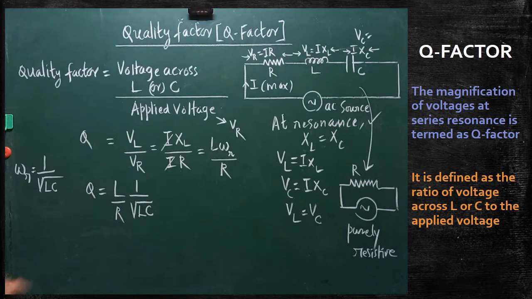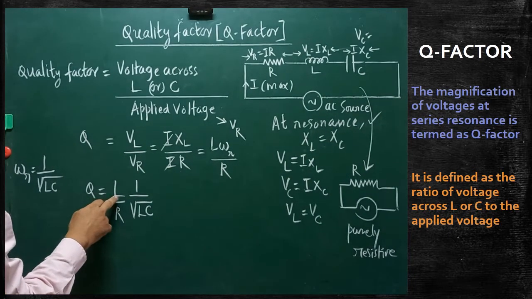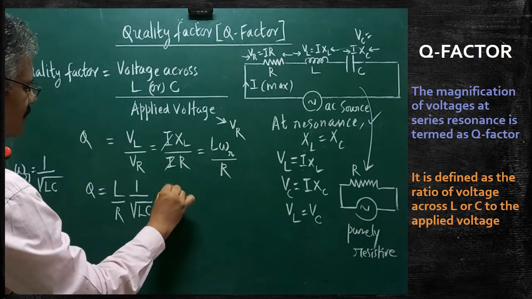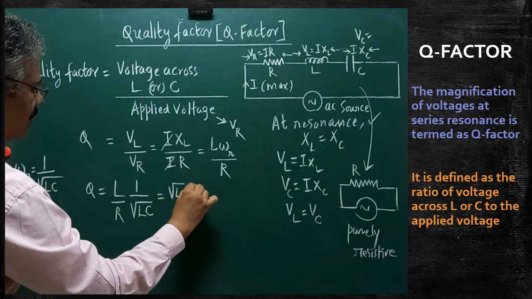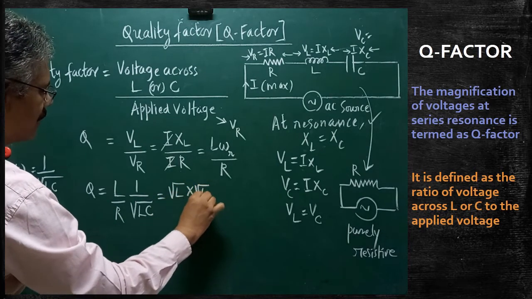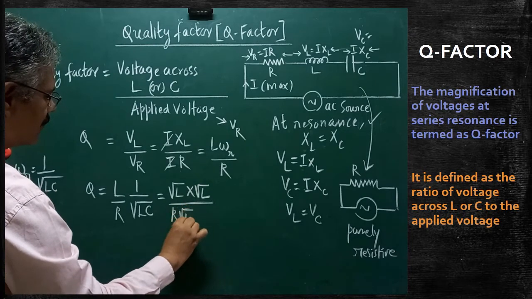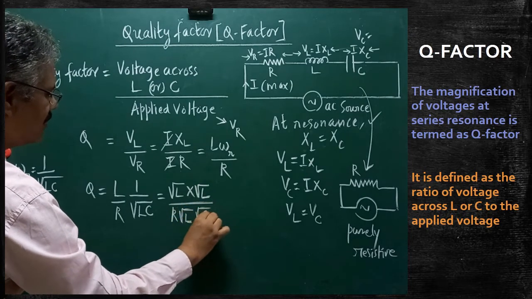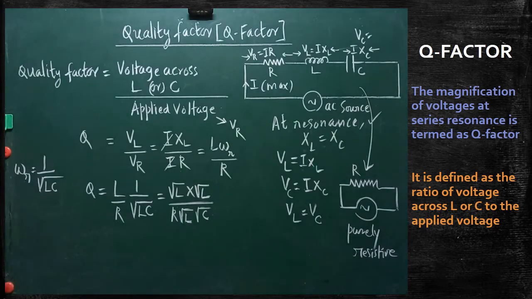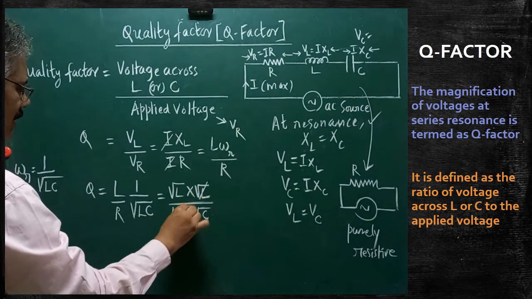Okay, so here this L can be written in two forms, square root of L into square root of L, divided by R, square root of L, square root of C. In that format we can write. One square root of L can be cancelled.